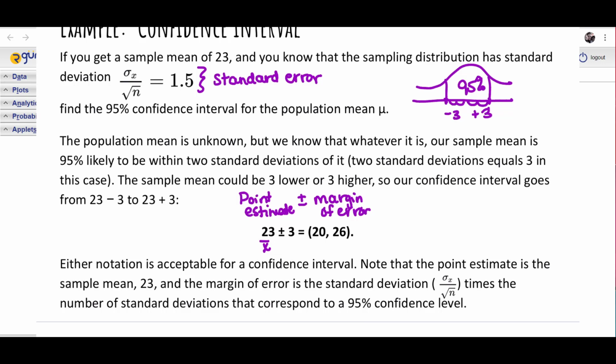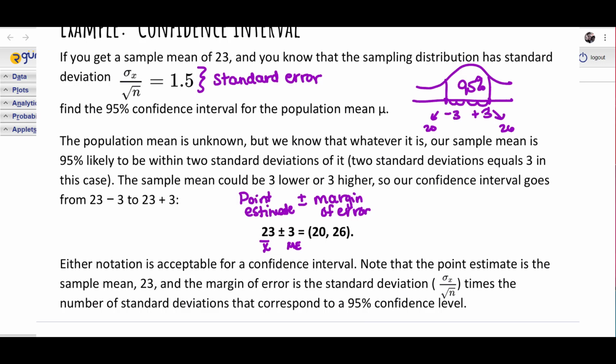So the margin of error in this case is 3. So 23 minus 3 would be 20, and 23 plus 3 would be 26.